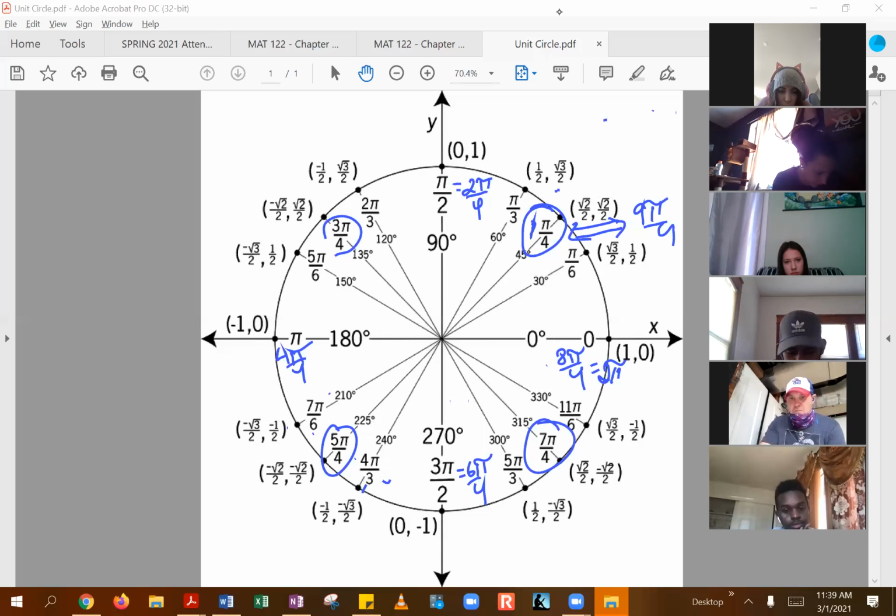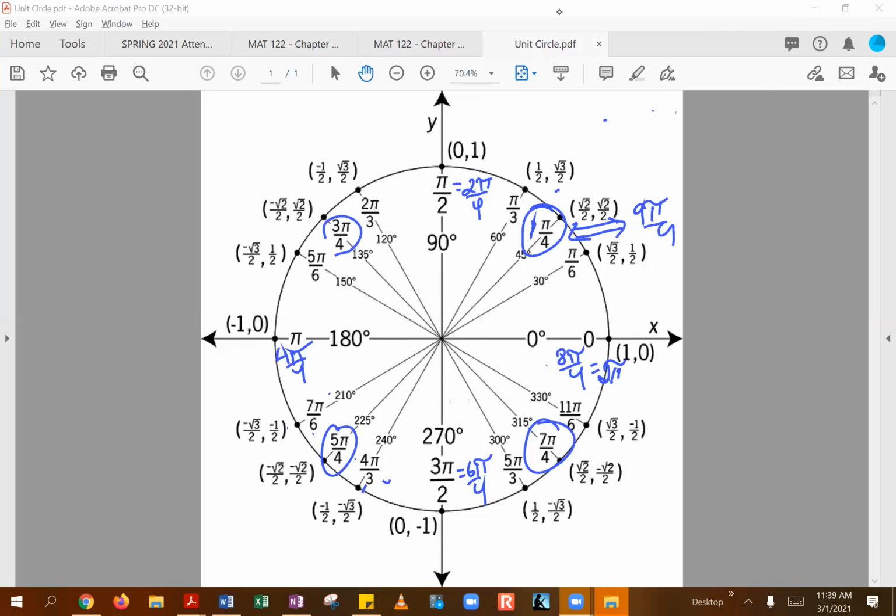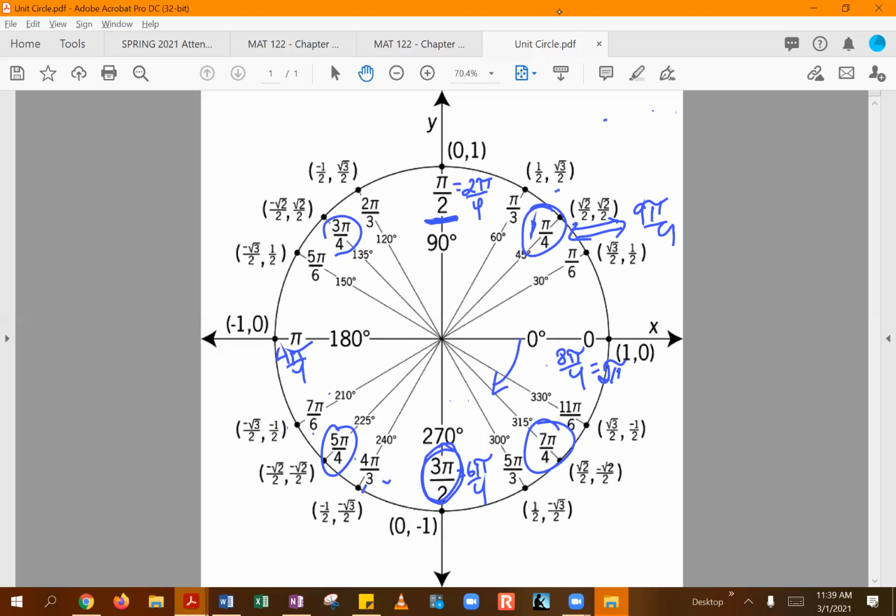Abdul Aziz, you're saying no? Where is your negative pi halves on this circle? We know where positive pi halves is. Where's negative pi halves? Very nice. Yeah, Billy and Abdul Aziz. When you go in the clockwise direction, this guy becomes negative pi halves.